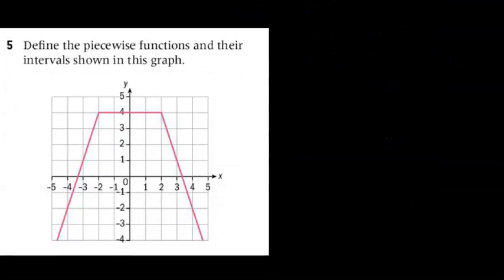Number 5. So they want us to write the piecewise function for this. So f of x equals, we can draw our bracket. We're going to look at this line right here first. It looks like a linear function.